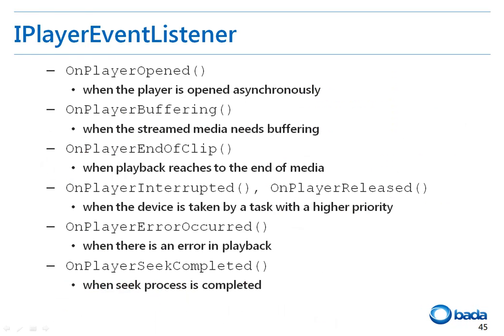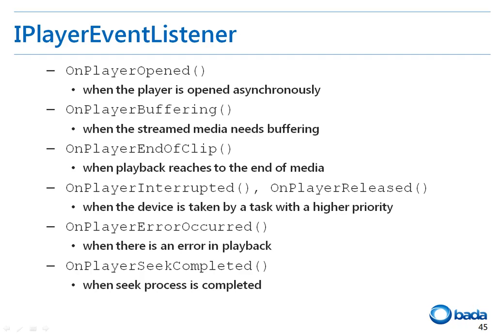As I mentioned earlier, if the player state changes, the player event listener's various listener functions are called. If a media file is opened, the onPlayerOpened function is called. If the playback is to be stopped to get the streaming data, the onPlayerBuffering function is called. If the end of the media file is reached, the onPlayerEndOfClip function is called. If a higher priority task needs to access the device required to play a media file, the onPlayerInterrupted function is called.